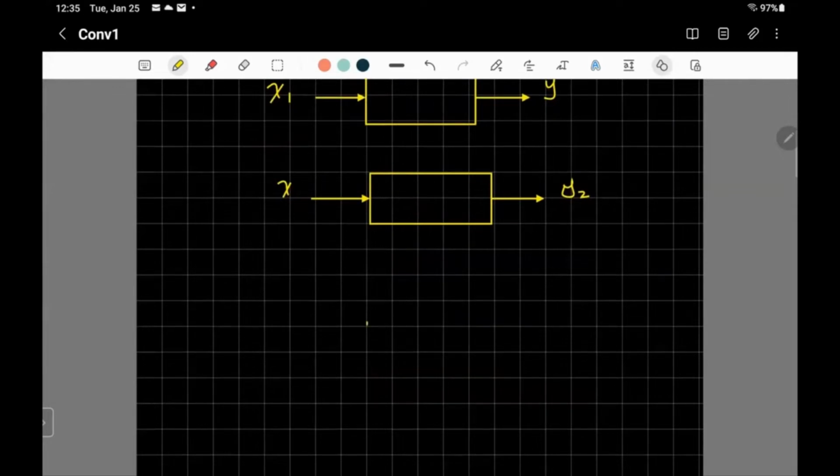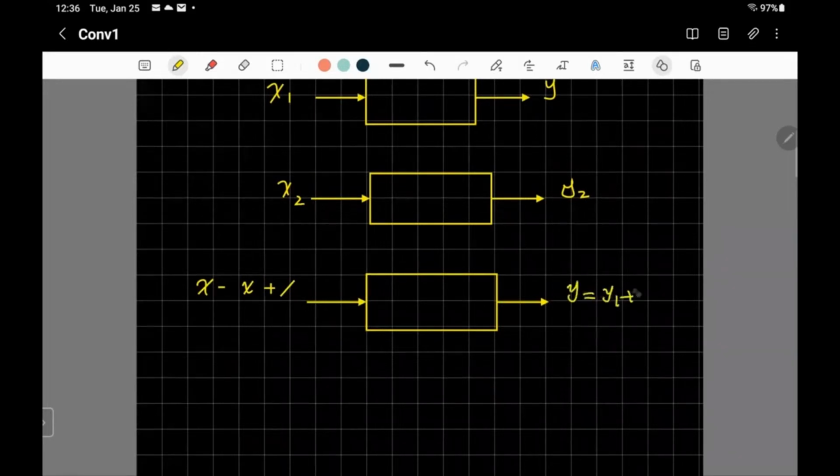I'm talking about the same linear system, and the input now x is equal to x1 plus x2. What do you expect for the linear system? y1 plus y2. So the output y will be equal to y1 plus y2. This is the type of system we are working on today.